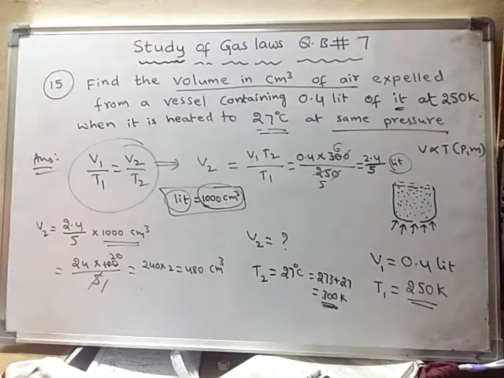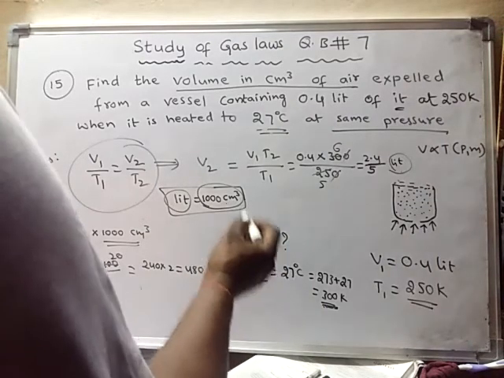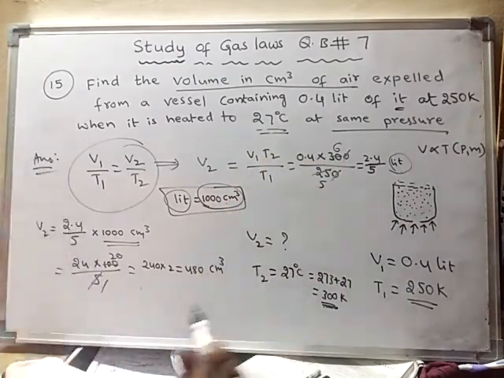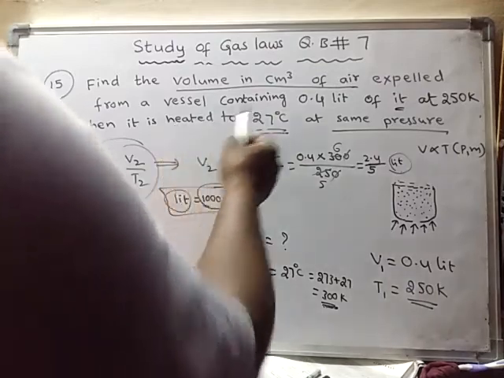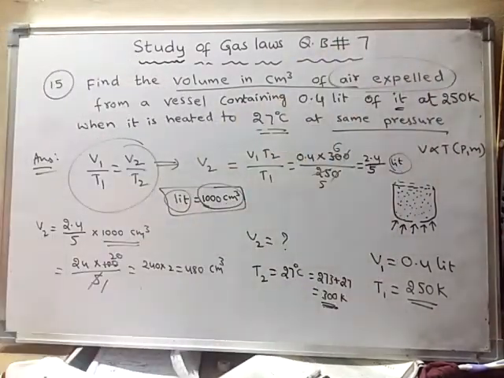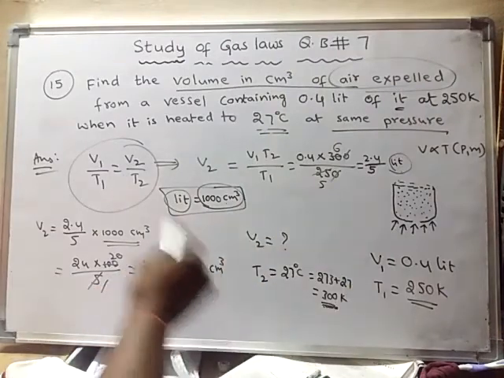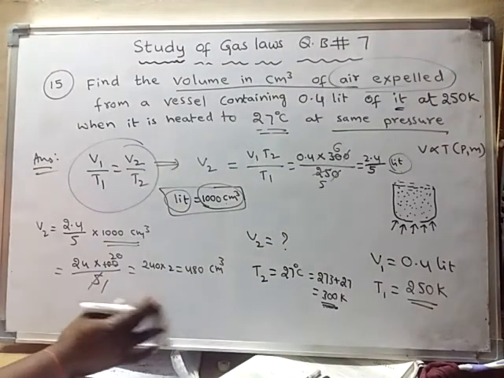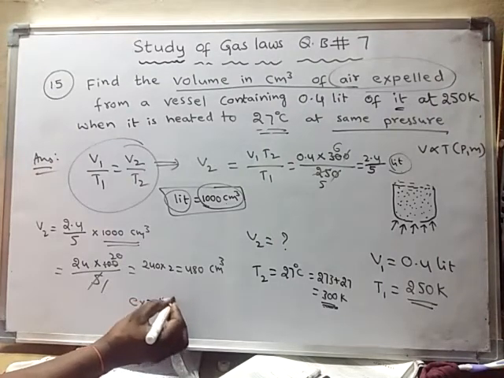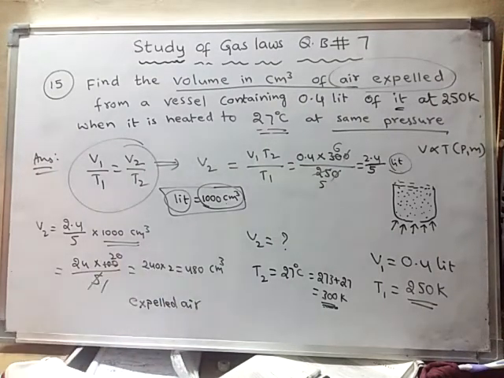Okay. So here, according to this question, we have to find how much of the air is expelled. So here we got final volume as V2, but expelled air means how much amount of air is thrown out.